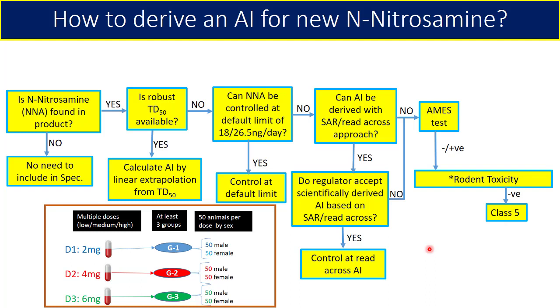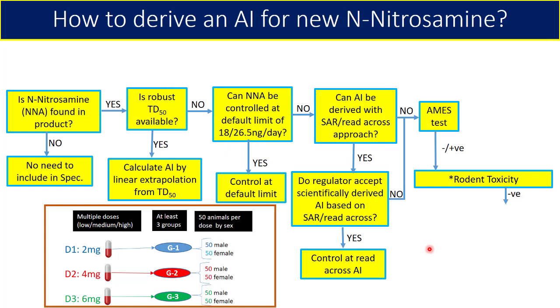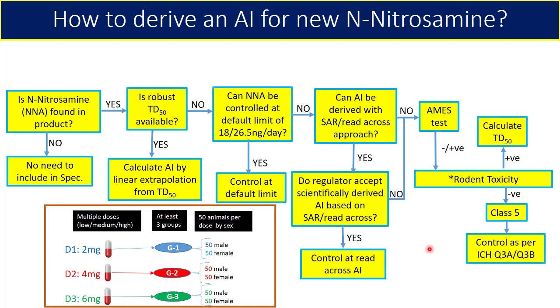But in case the result is found to be positive, where tumor formation is observed, that means your substance looks to be a possible human mutagen. In that situation, you need to calculate the TD50 value.